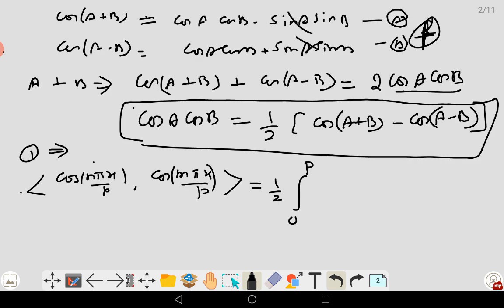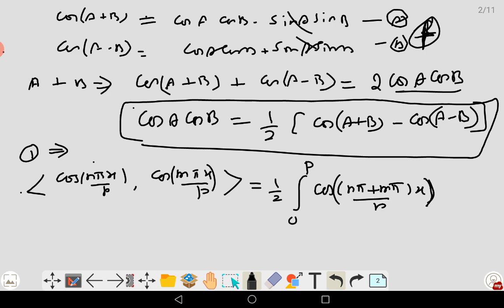I am writing here cosine of n pi plus m pi over p times x, that is cosine a plus b.